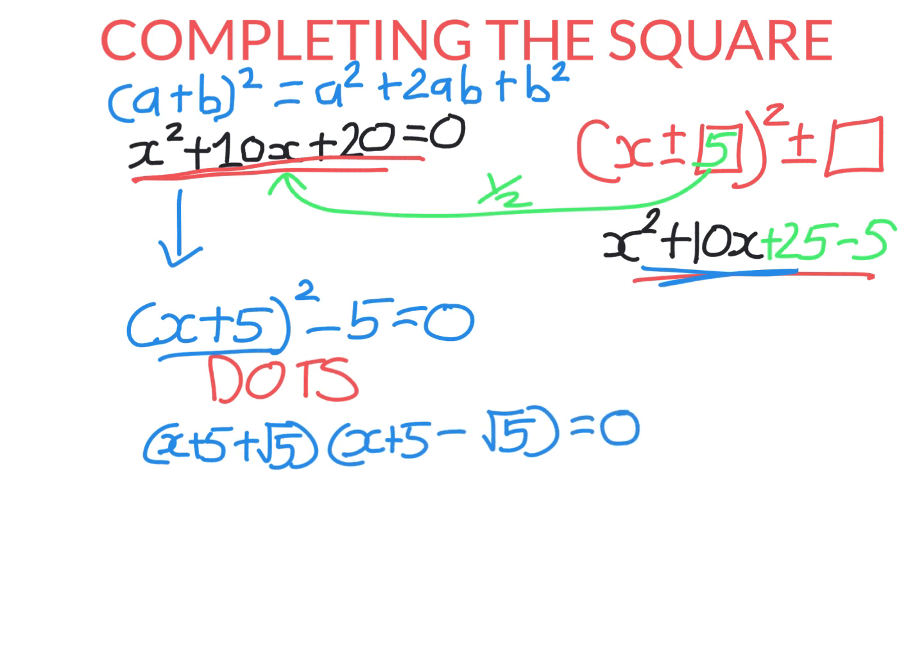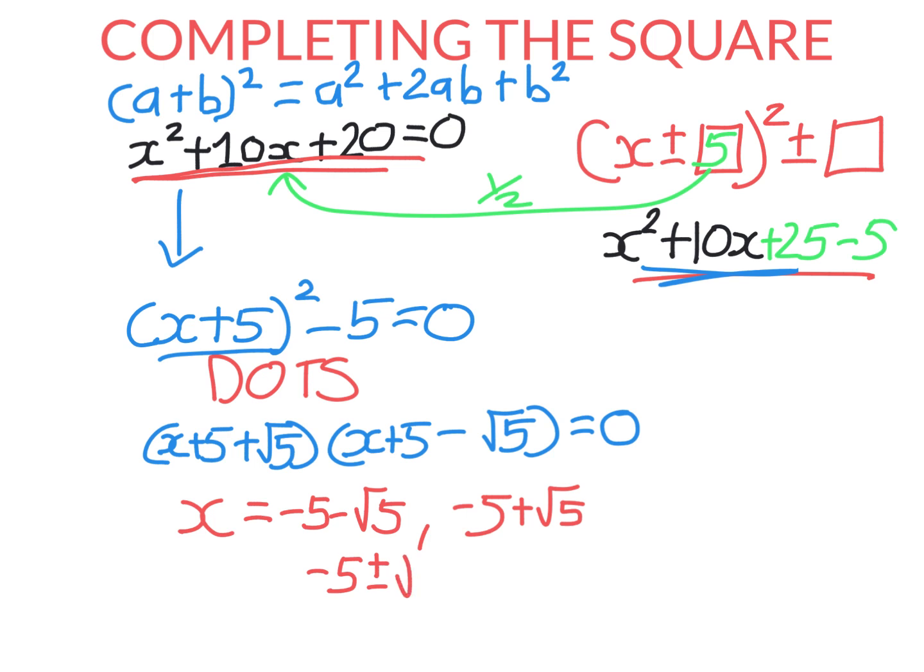So now I've factorized it as something times something equals 0. Either the first something equals 0, which would mean x is negative 5 minus root 5, or the second bracket equals 0. In that case, x would be minus 5 plus root 5. We usually just write it like this for convenience: minus 5 plus or minus square root of 5. These are the two solutions to this equation, and we got that through completing the square.